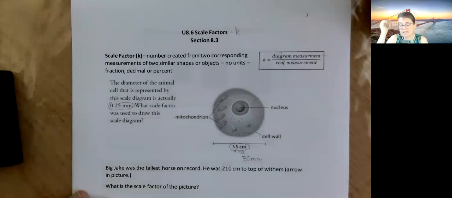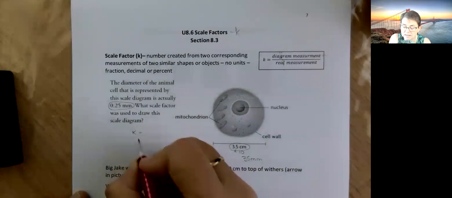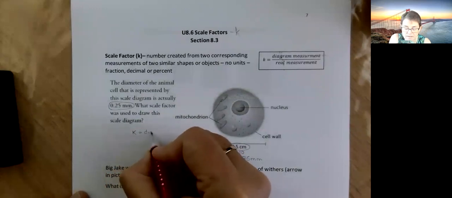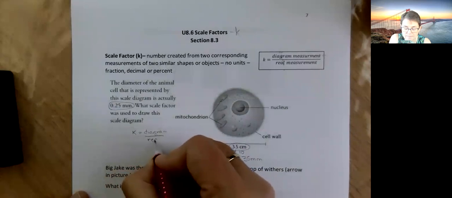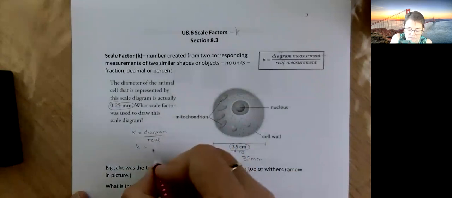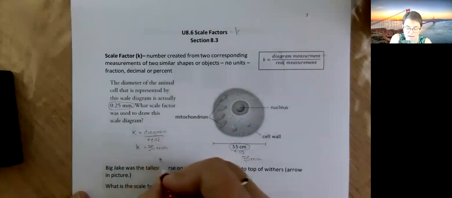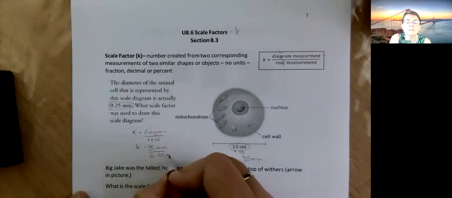So once we have that, we'll do it here. k is equal to diagram over real. k is equal to my diagram, 35 millimeters, divided by 0.25 millimeters.